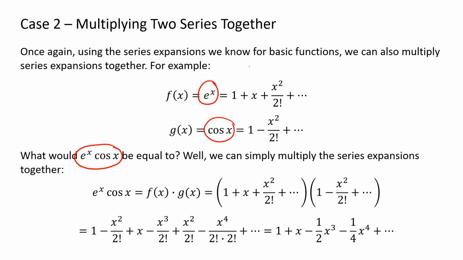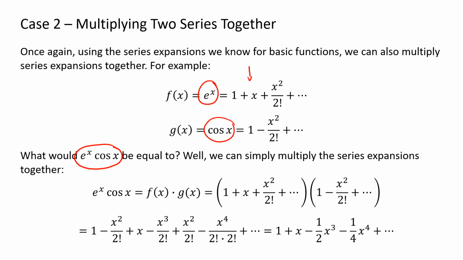E to the x is 1 plus x squared over 2 factorial plus, and then it goes dot dot dot. x cubed over 3 factorial, x to the fourth over 4 factorial, and it keeps going. I'm showing fewer terms here because when we multiply it out, it makes it easier and you have fewer terms. Similarly, for cosine of x, we know that it's 1 minus x squared over 2 factorial plus, and it keeps on going.